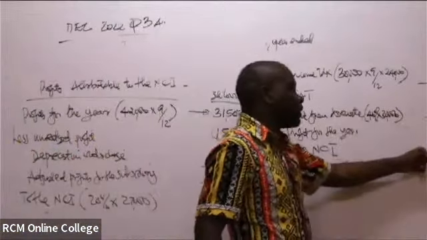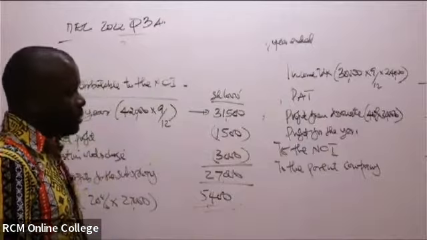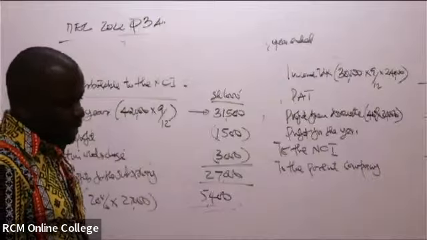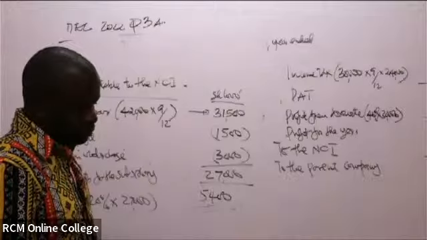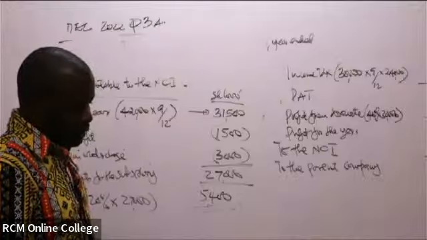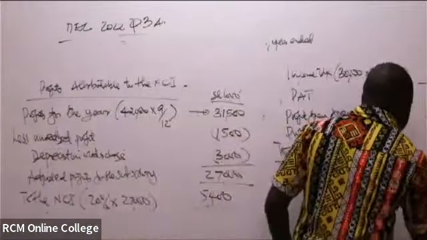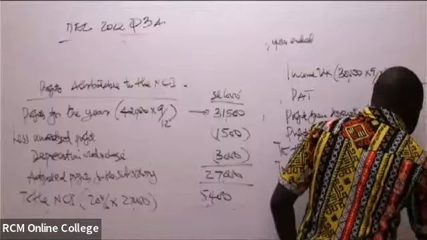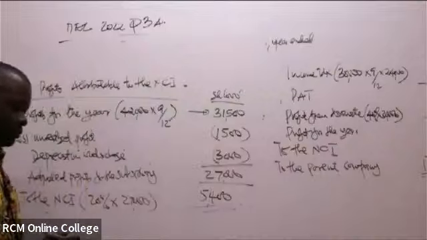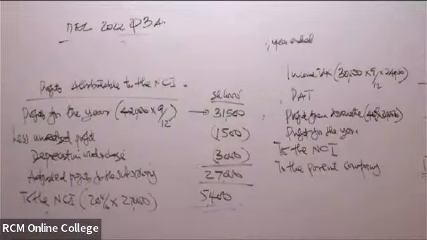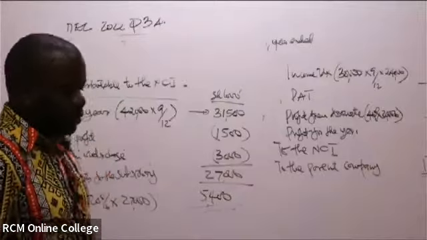The difference will go to the parent company. It is 107,300.